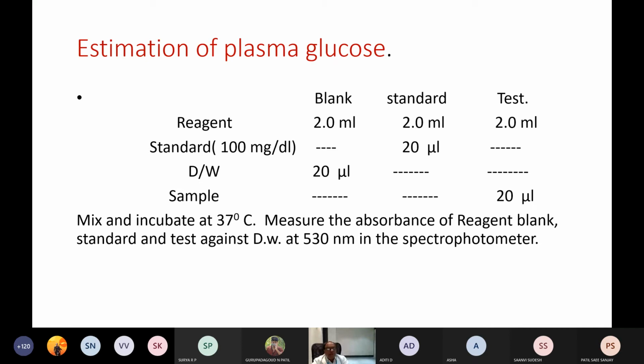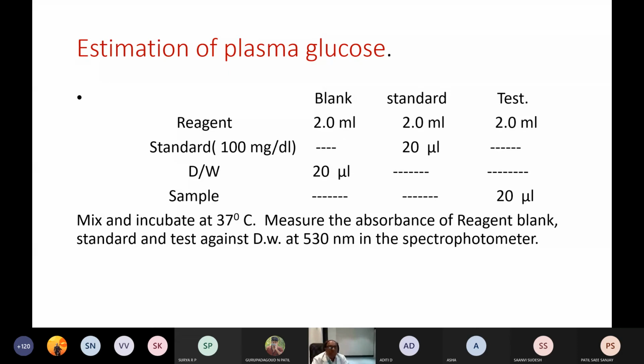In the test tube we add 20 microliter of the sample which we should measure. To compensate, we add 20 microliter of distilled water in the blank test tube. Mix all of them and incubate for 15 minutes at 37 degrees.